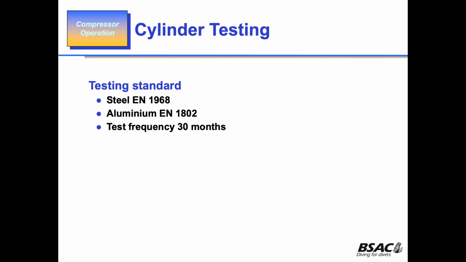I bought it in 20, so it's 0120. 2.5 years, 30 months after I bought it, at the end of that month. So it would need to be tested at the end of June 2022. The next one after that would correspond to the 5 years, and that would be a hydrostatic.